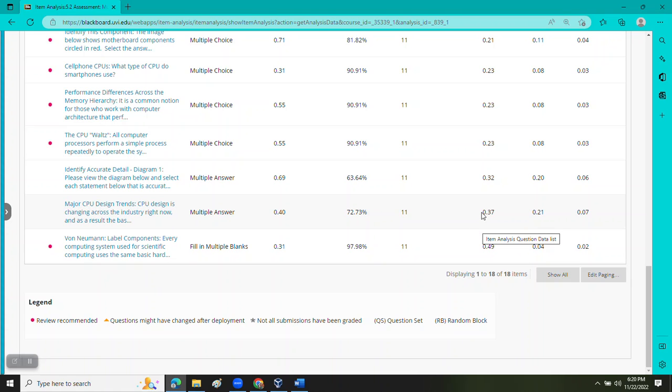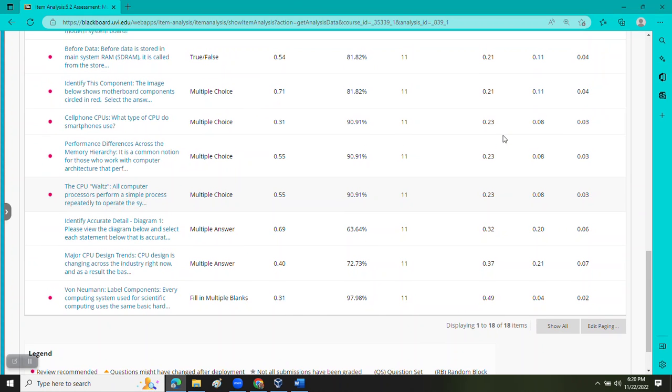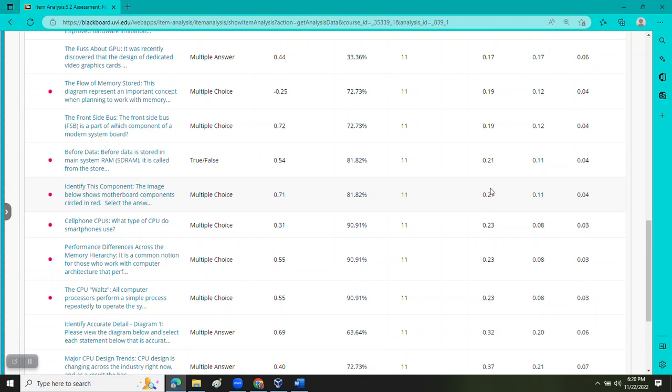We'll go ahead through here to take care of the multiple answer questions, but we will not cover the multiple choice questions that were nearly flawless. 0.23 out of a 0.25 possible score for the class as a whole. We'll run down through this multiple choice here. There were a few students that had issues through this question here. Identify this component.